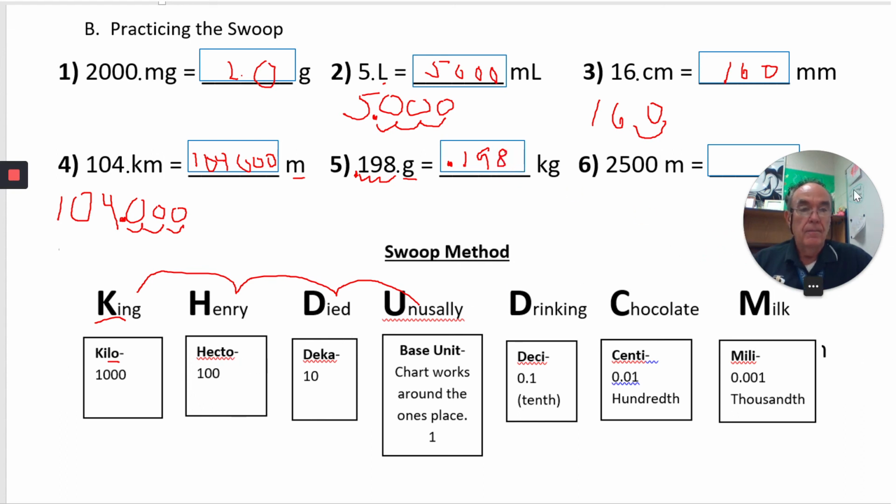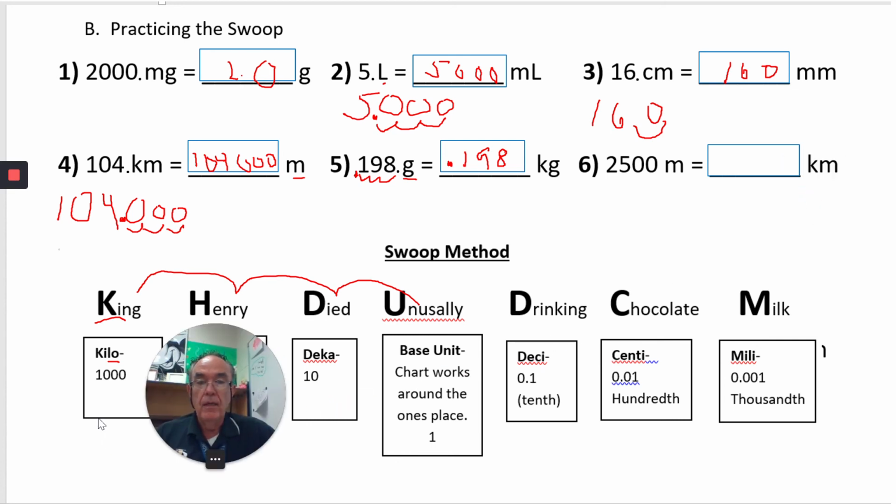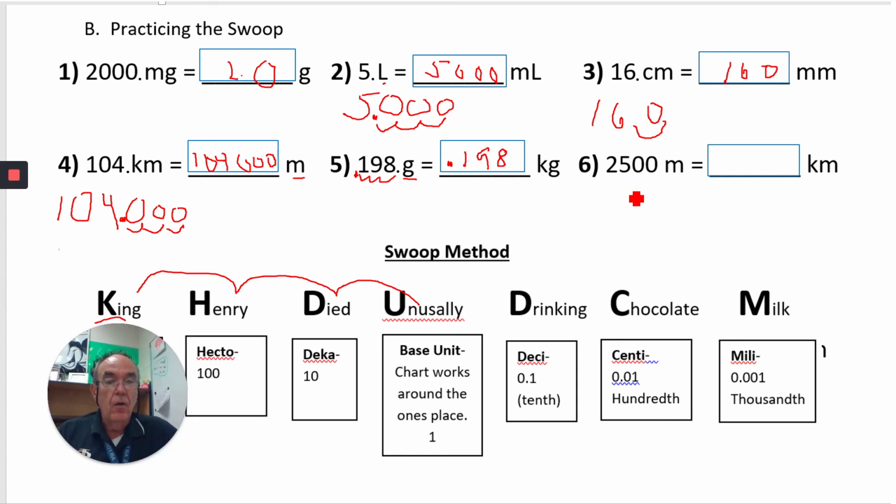Okay, I'm going to move me over here so we can do this last problem together. Okay, it says to go from 2,500 meters to kilometers. Okay, meters is the base unit.